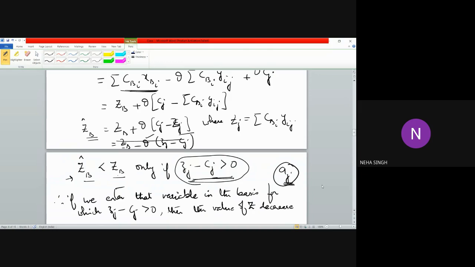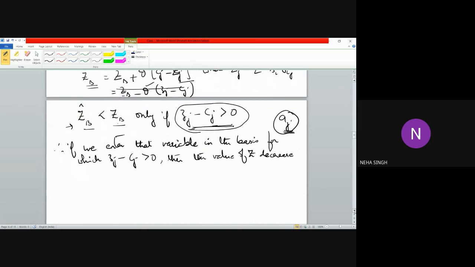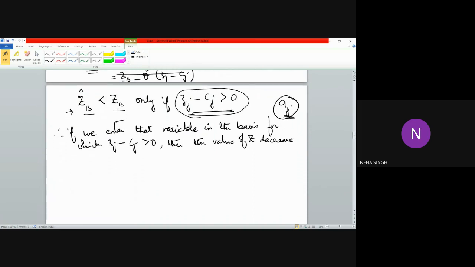Okay, so now the question can be, it's not necessary that Zj minus Cj will be positive for only one variable which we are entering. No, it can happen for more than one variable also.